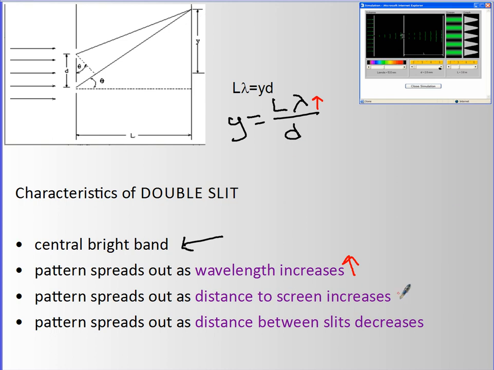As L increases, this is also going to increase the distance from the central bright band to the bright fringe. And then, of course, as the distance d decreases, that will also increase the distance between the center and the bright band.